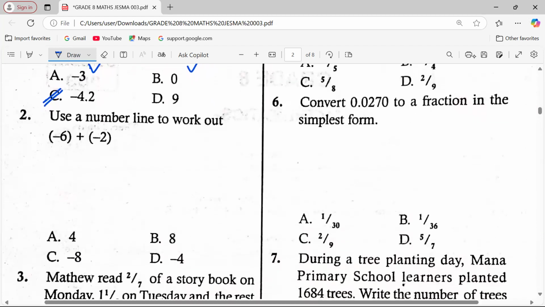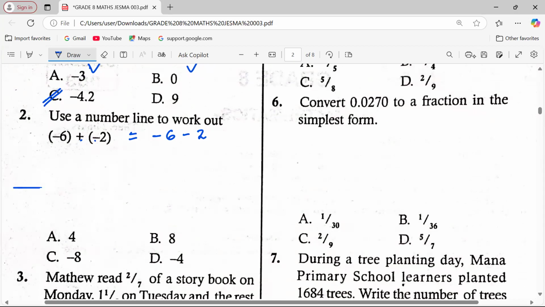In number 2, use a number line to work out -6 plus a -2. We can do this evaluation first, whereby we will say -6 plus followed by a negative becomes a -2. So -6 minus 2.